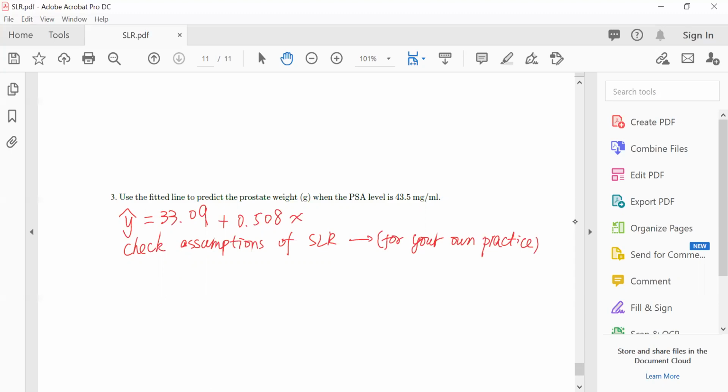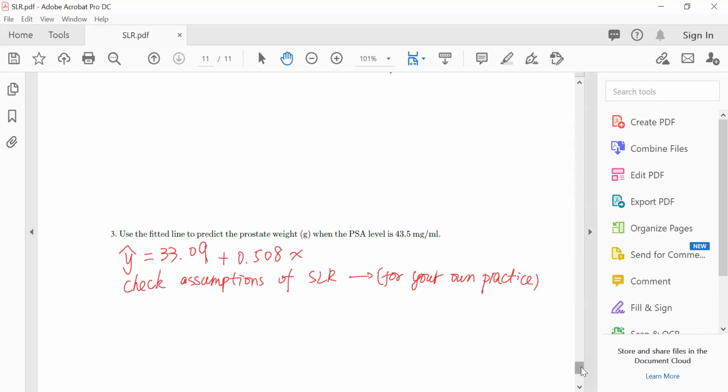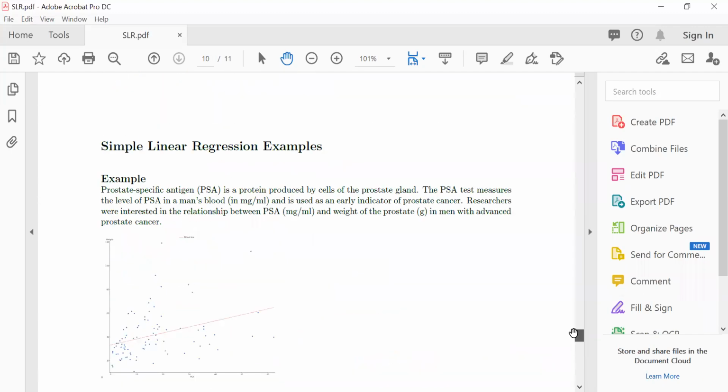When those assumptions are met, then you could go ahead and plug x equals 43.5 into this equation line to calculate the y. One thing that you need to pay attention to is to make sure that this 43.5 is within the data range.